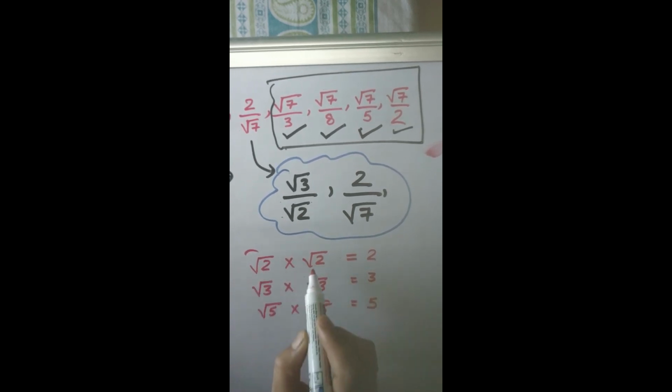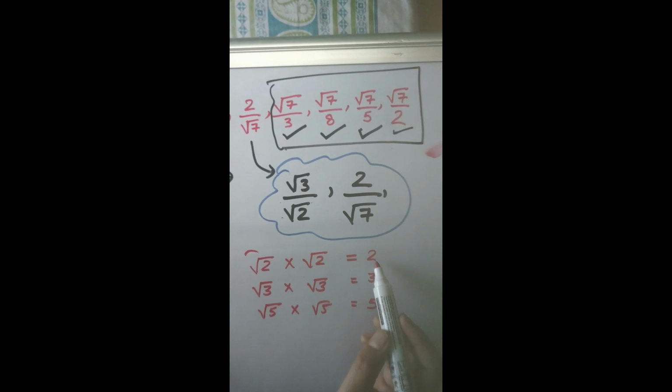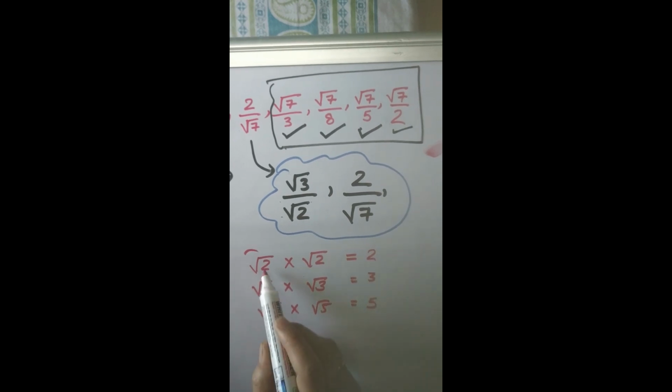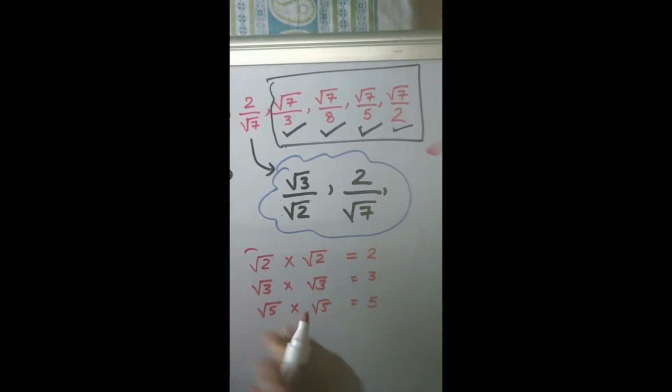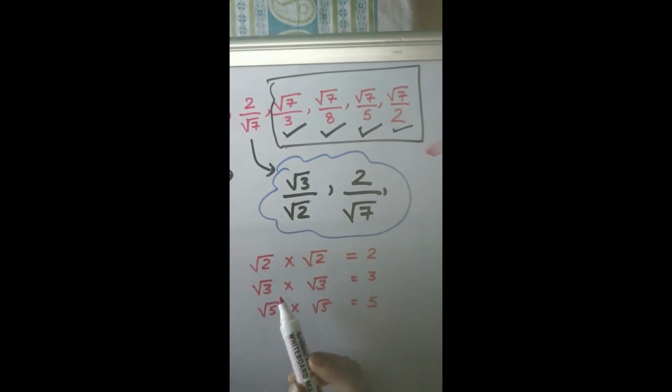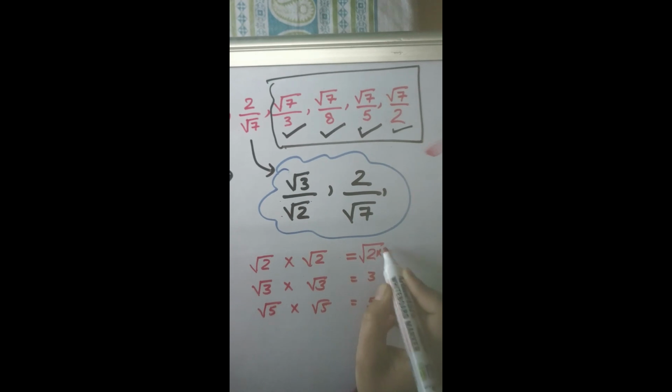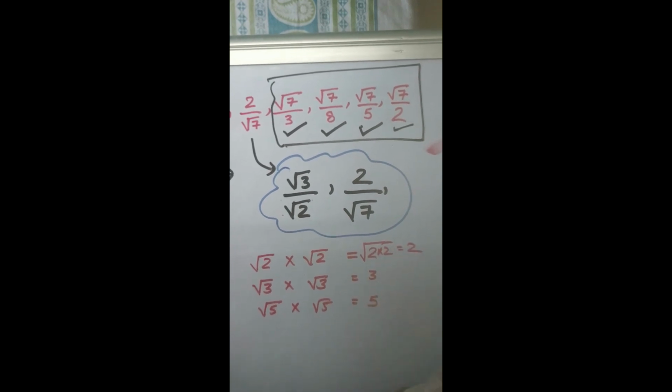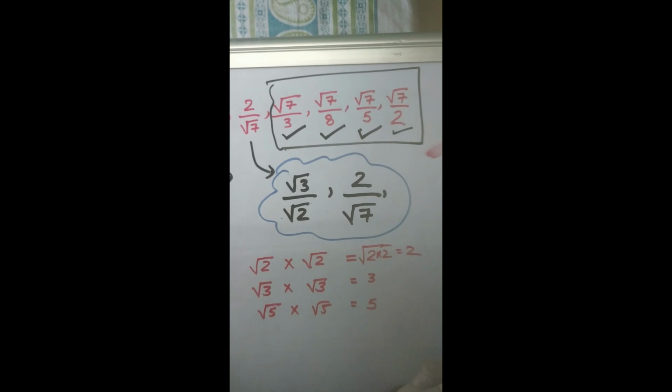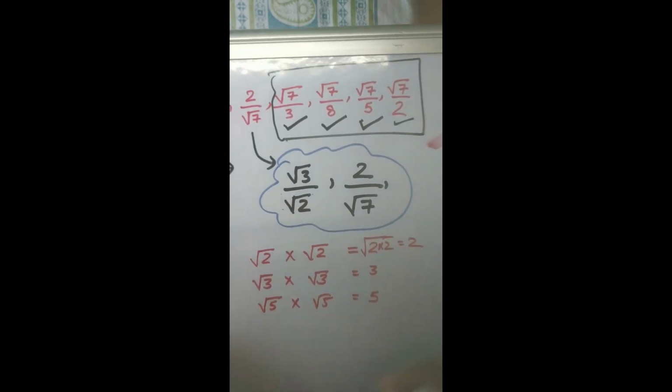When a root is multiplied with the same root, it gives actually the number. So you can make it a shortcut, no need to go through a long procedure where you used to do it like this and then take out the root. Whenever I ask you root 7 into root 7, it is 7. And similarly for all numbers.